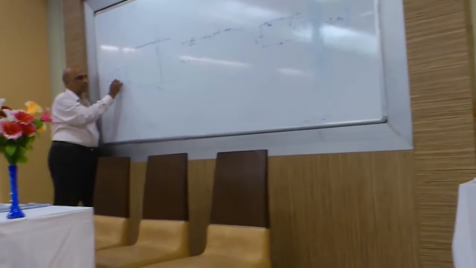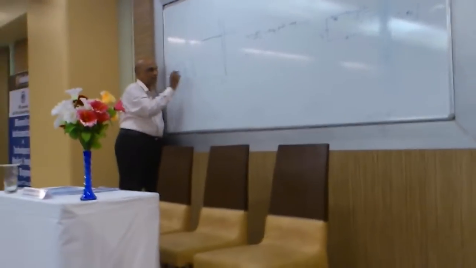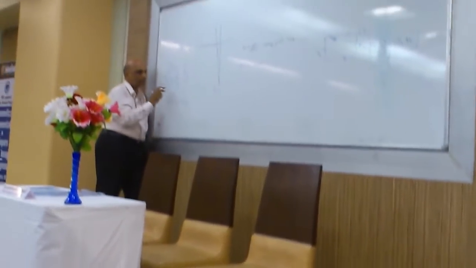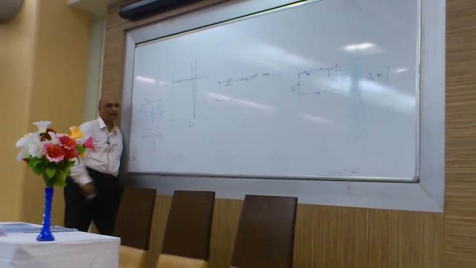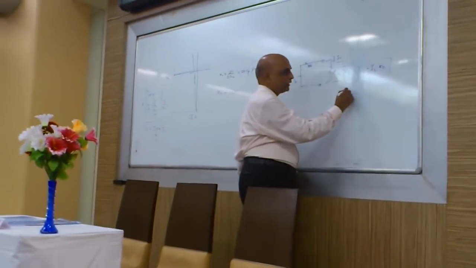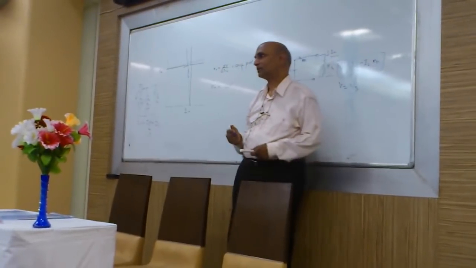Some current flows through this, which is I0, and some flows through this, which is IL. So the current supplied by this I source is going to be the sum of I0 plus IL. If R0 is infinity, this term goes to 0, and I source is equal to IL. Like here, if R0 is 0, you are going to get VL equal to V source. These are all practical considerations.